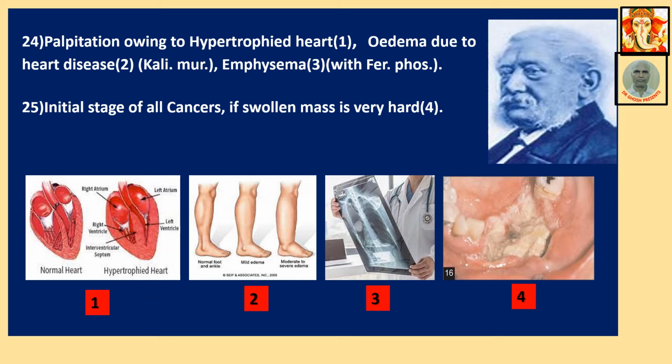25. Initial stage of all cancer. Mind it, initial stage of all cancers, if the swollen mass is very hard. This is actually gum cancer, and it is a hard swollen mass. So you can treat it with Calcarea Fluor.